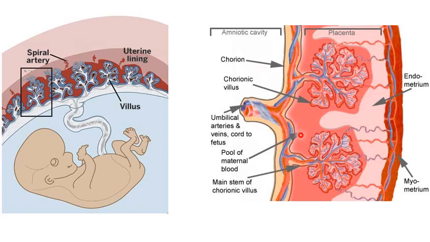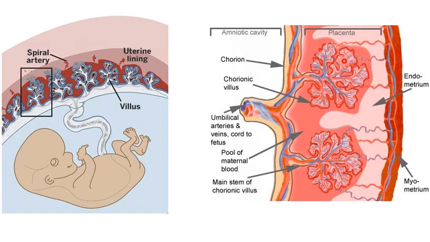So this is the pool of maternal blood that has been caused by breakdown of the spiral arteries. This is the endometrium, this is the muscle layer, the myometrium, and these are the chorionic villi, the fetal part of the placenta. This is the mother's blood, the maternal part of the placenta. So the entire circular flat organ that we are referring to, the placenta, is where the chorionic villi are in direct contact with the mother's blood.